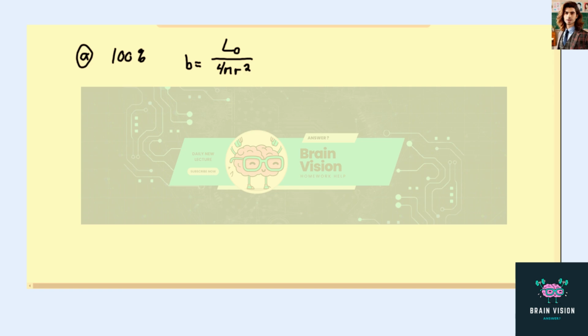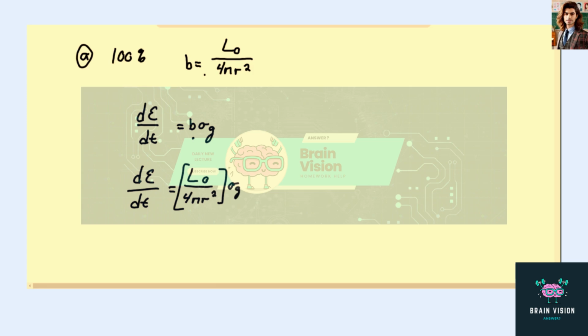And the rate of energy absorption is dE/dt equals B times omega g, where omega g is the cross-sectional area of the dust grain. So we plug this B into here, and we have dE/dt equals the luminosity of the sun over 4 pi r squared, times omega g.